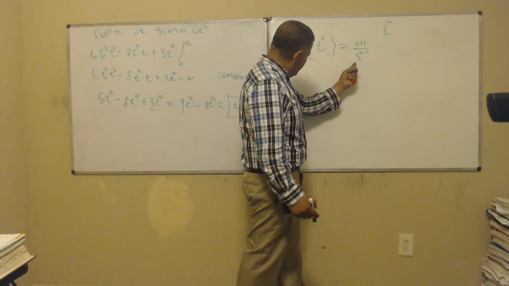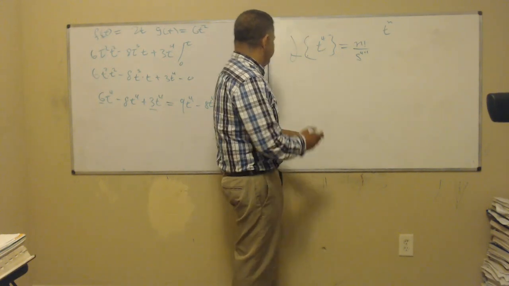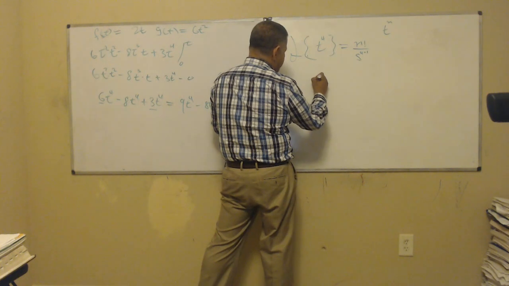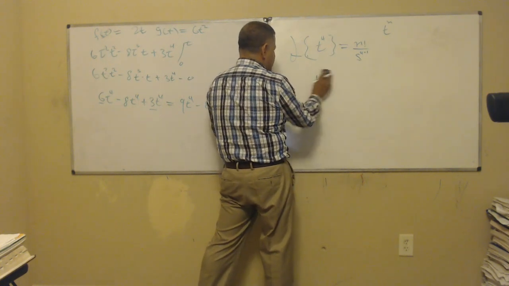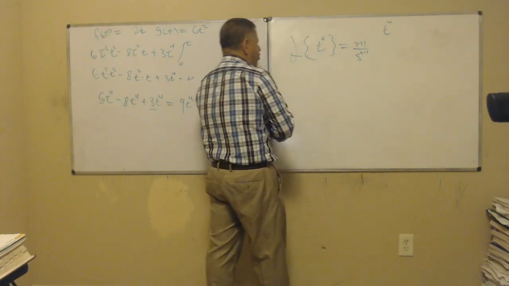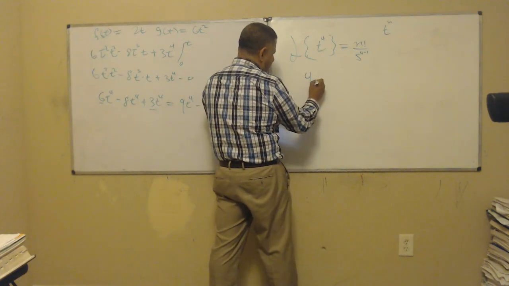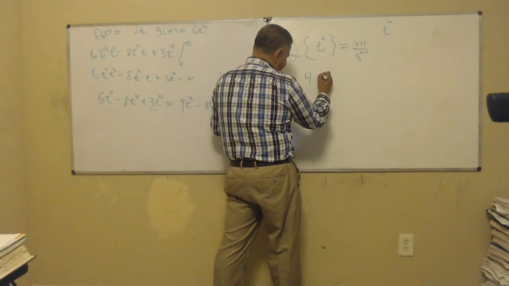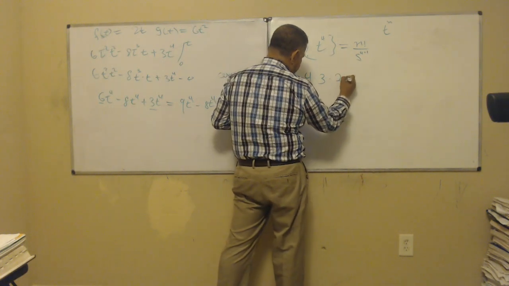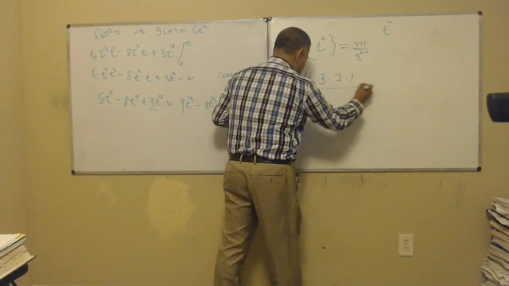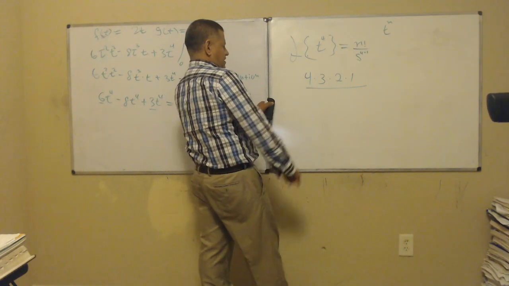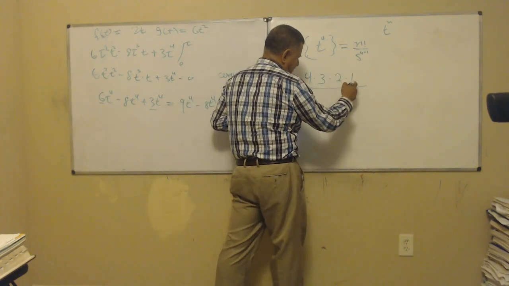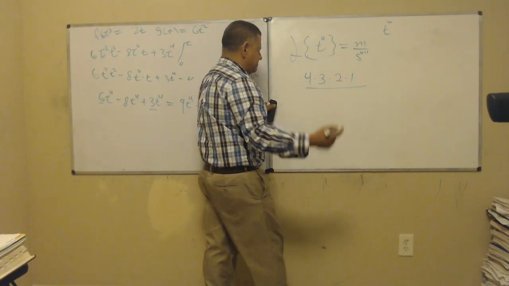Okay, so now what we're doing right here is the following. We do the factorial, so we do 4 factorial, which is 4 times 3 times 2 times 1. So 12 times 2 is 24, times 1 is 24.